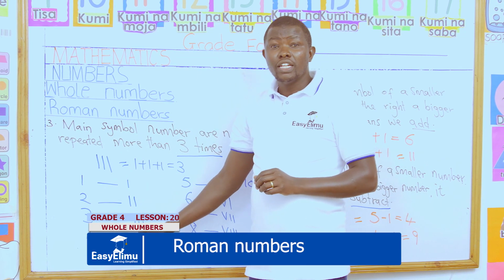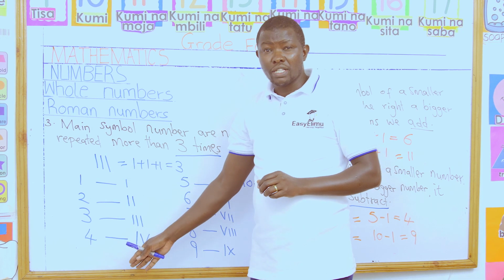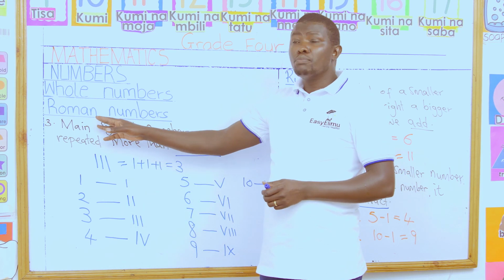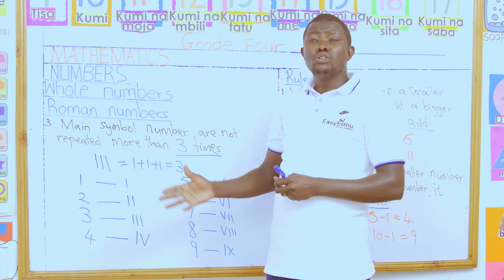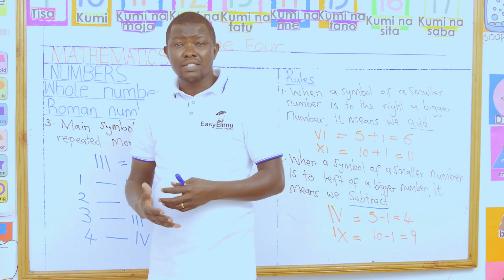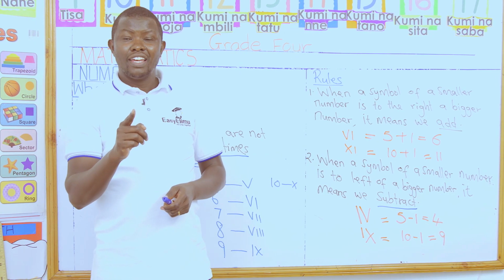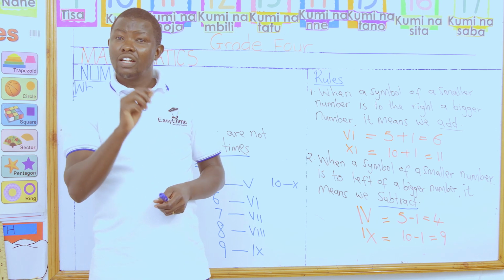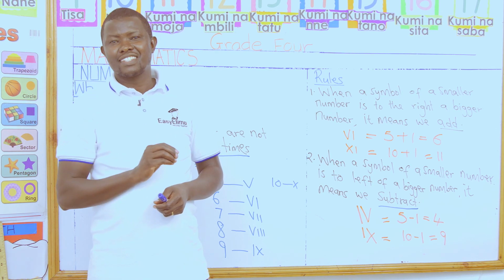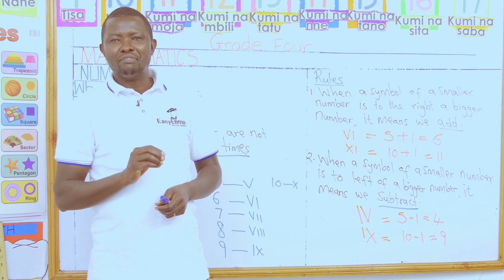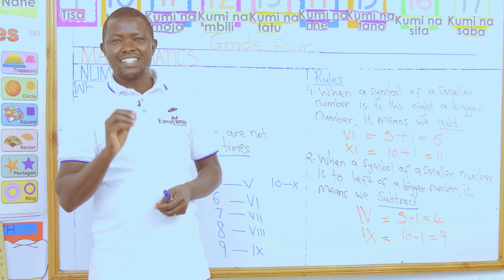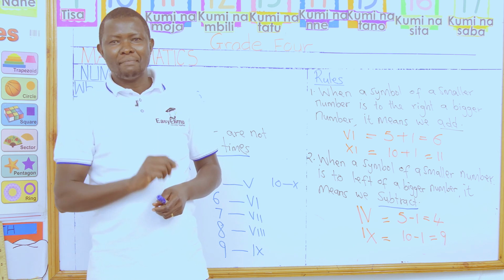I know in our system we use the Indo-Arabic system, but learn more on Roman numbers. Do more exercises on Roman numbers. And also remember, there are still puzzles on the internet involving Roman numbers. You can still embark on them for more practice to familiarize with Roman numbers.